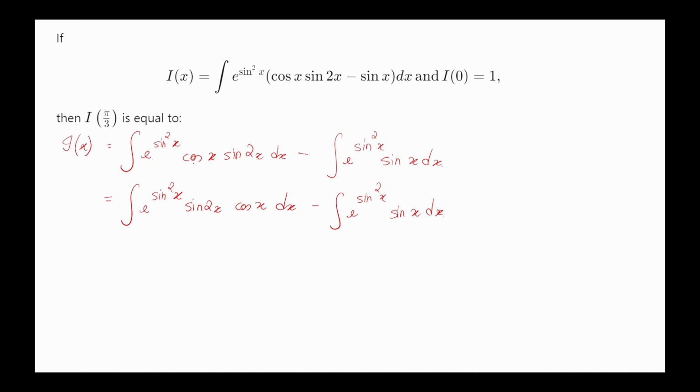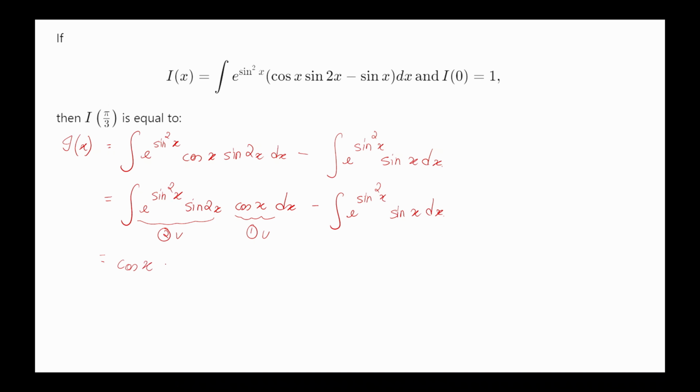So I'm considering this to be one function only. So this is my exponential, this is my trigonometric. So of course my trigonometric would be considered to be my first function. I will consider this to be my first function. This would be my second function. That means this is my u basically and this is my v. So now let me write down the by parts integration from here.